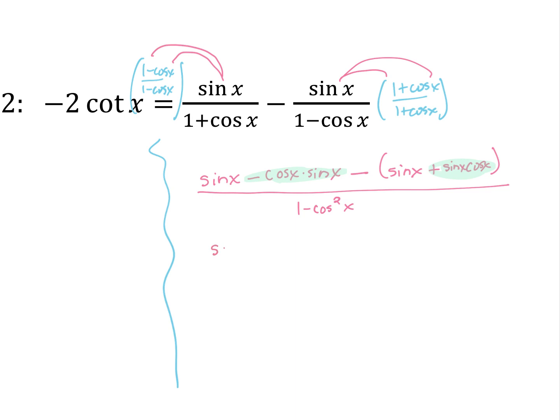All right, so we have sine x minus cosine x times sine x minus sine x. And then distributing here, we get minus, I'm going to flip this just so that you can see that they are the same thing. And then our denominator is equal to what, Jacob?